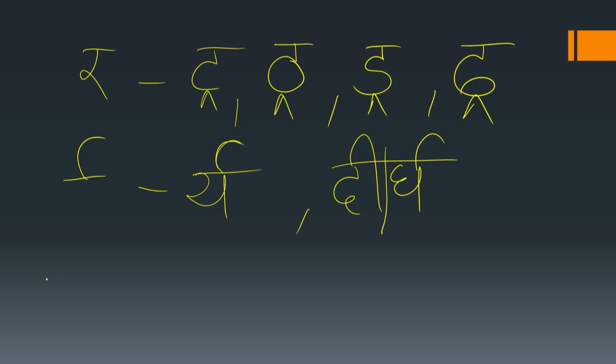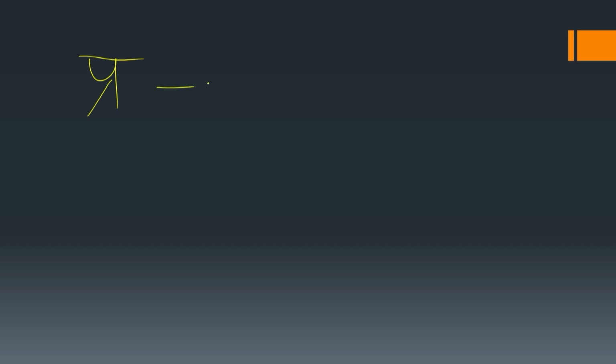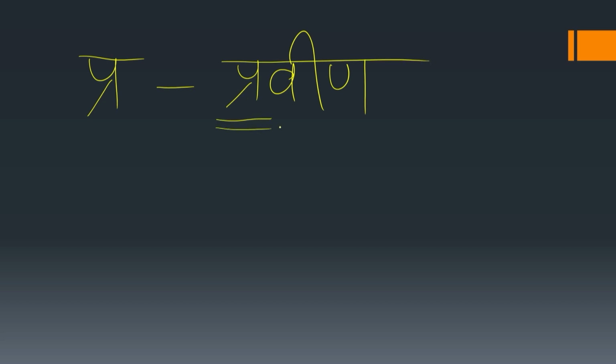Another way of writing r was with this symbol. For example, baryak, nauryak. So then you just have to write this symbol, half Chandra, on the same line. And the last form of writing r is with a diagonal stroke here. For example, when we write Praveen, you just have to add this diagonal stroke.